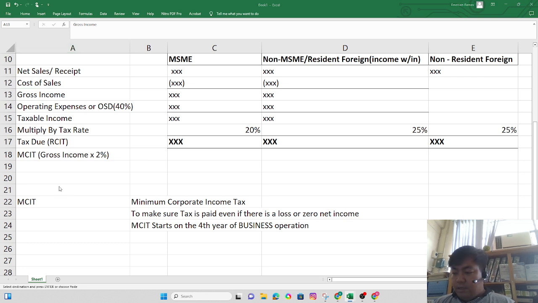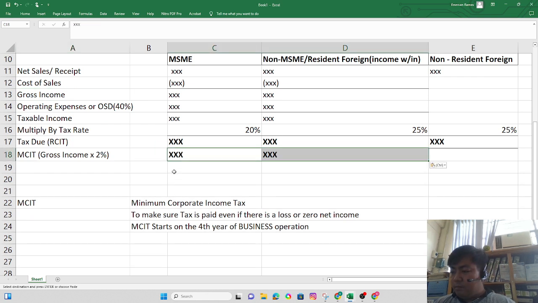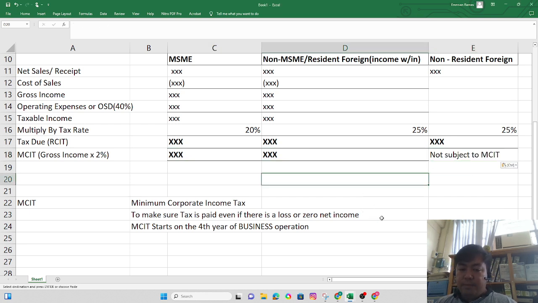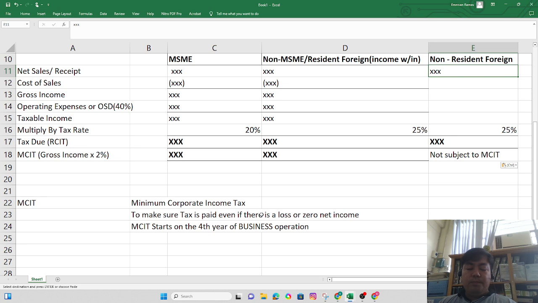So this is true for MSME, non-MSME, and resident foreign corporation. But for non-resident foreign corporation, they are not subject to MCIT because their gross income is already subject to 25% tax rate, not considering any expenses.